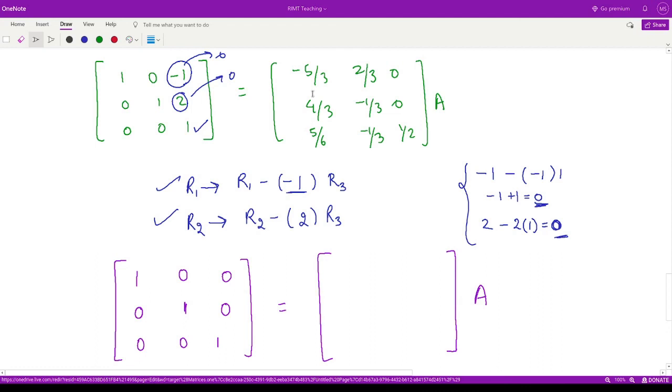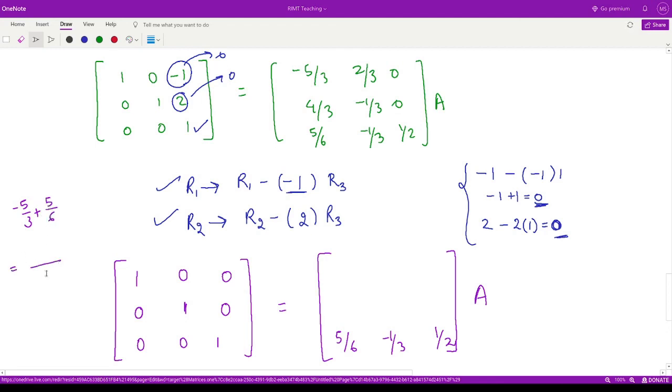Okay. So now next what can we do? Here also we have to apply the same operations. Your third row would be as such, no change in that, right? For the first row we have R1 plus R3. So R1 is minus 5 by 3, R3 is 5 by 6, right?